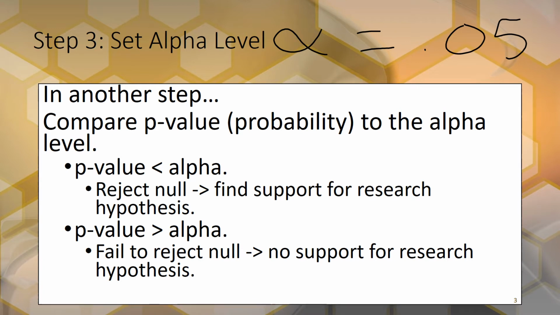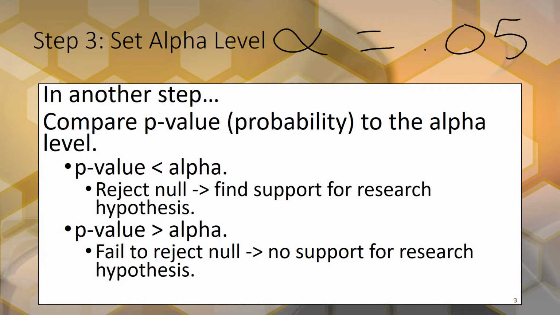So if your p-value is less than your alpha level, then you reject the null and you find support for the research hypothesis. So basically, you're just setting the alpha level so you know how small your p-value has to be in order for you to reject your null and find your research hypothesis to be true.